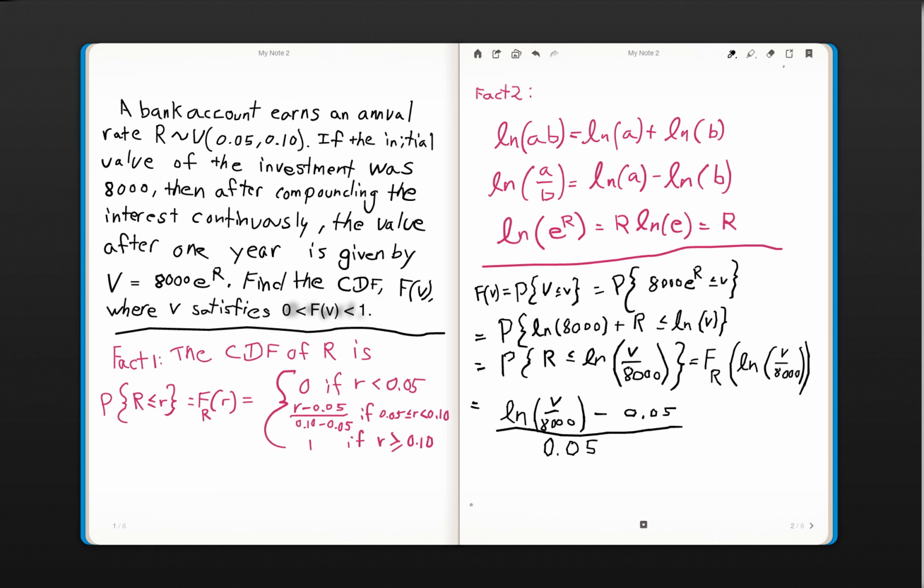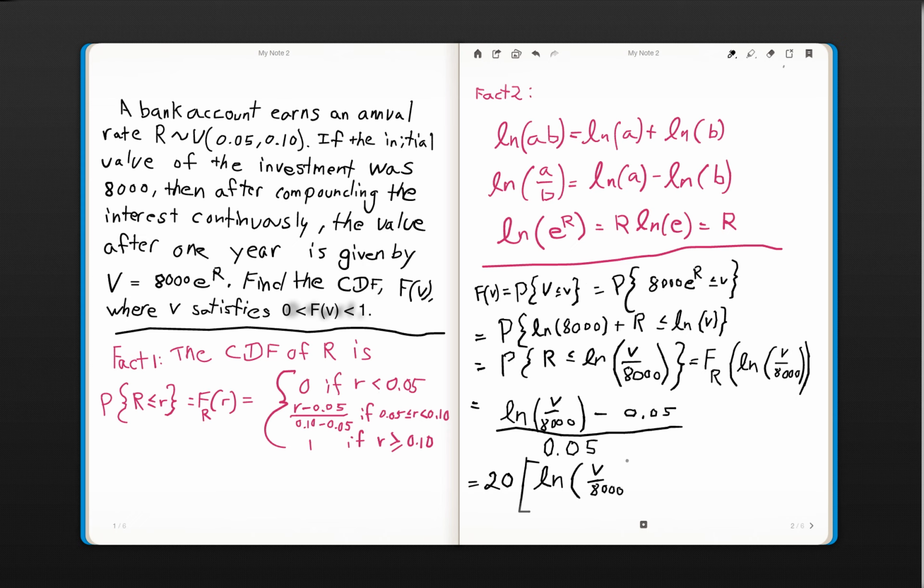But a lot of actuarial problems don't give it to you in this form, so you need to simplify it into the form they actually give, because it's multiple choice. We can pull out the 0.05, thinking of it as 1 over 0.05, which is 20, times the natural log of V over 8,000.